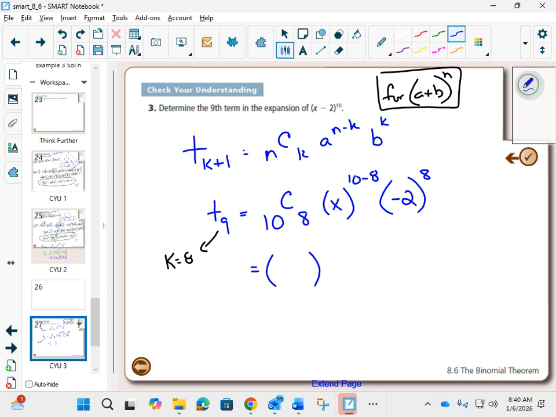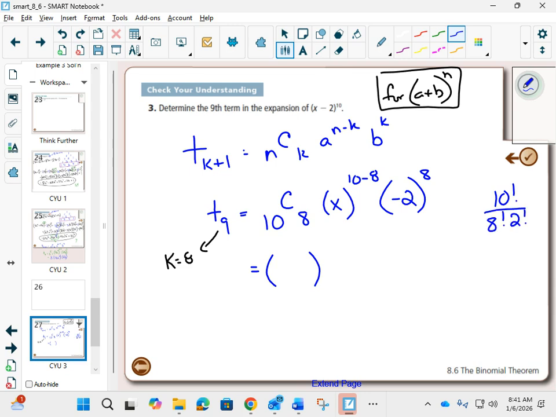Go to your calculator or do it in your head. 10 choose 8, you could do in your head. See if you can figure it out. Don't say it out loud and let everybody get a chance to do that mental math. Okay, this is what I want you to imagine.